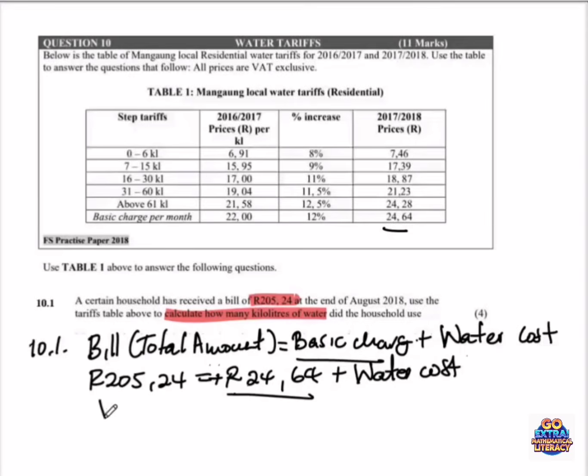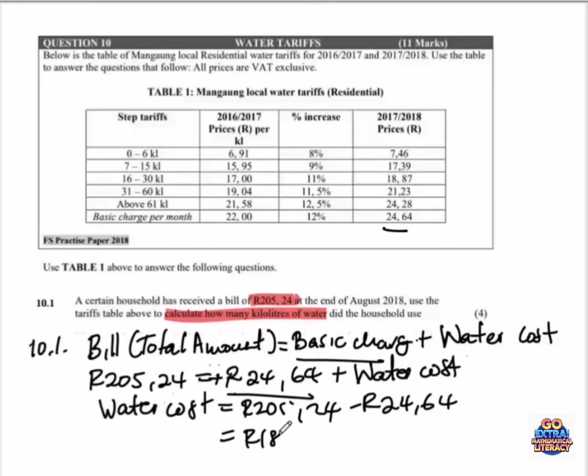Therefore the water cost equals 205 rand 24 minus 24 rand 64, which gives us 180 rand 60 cents. These prices, remember, are still VAT exclusive.